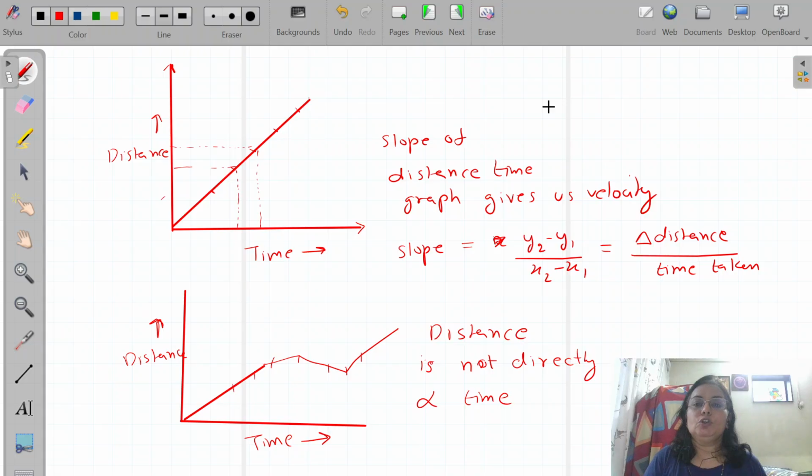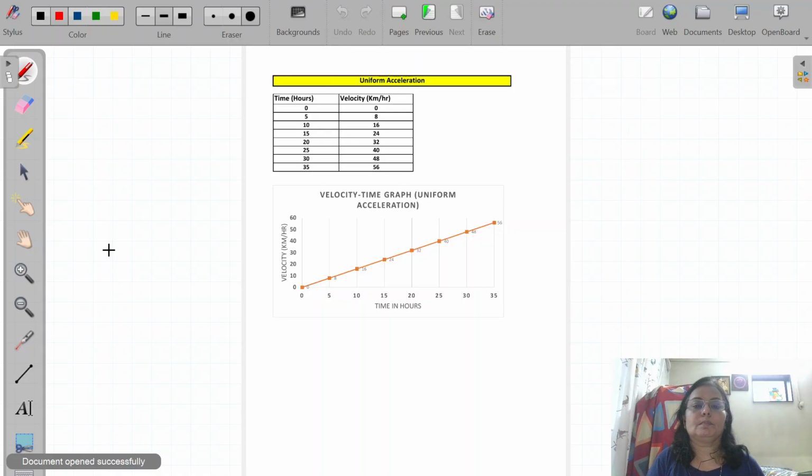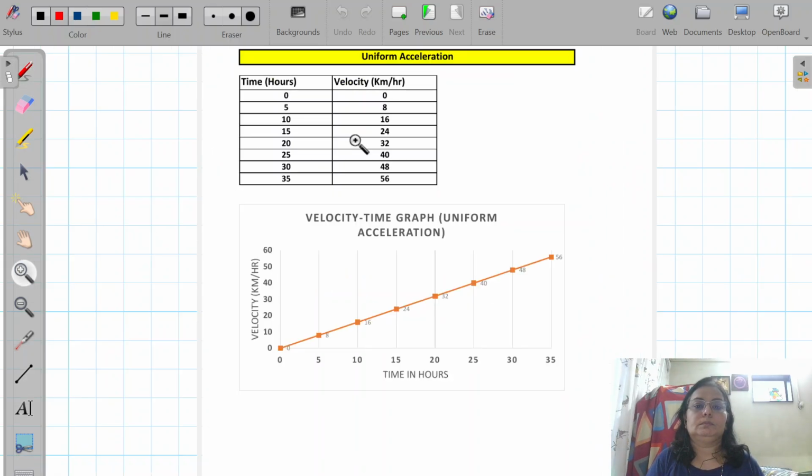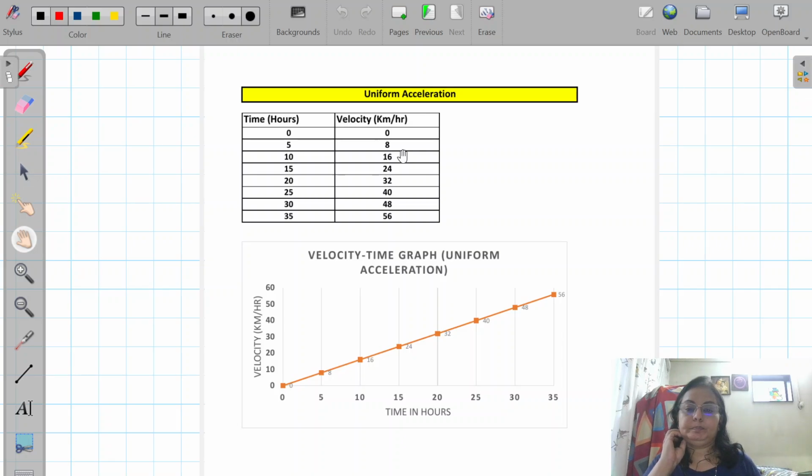So now moving on to our next topic. Uniform acceleration.